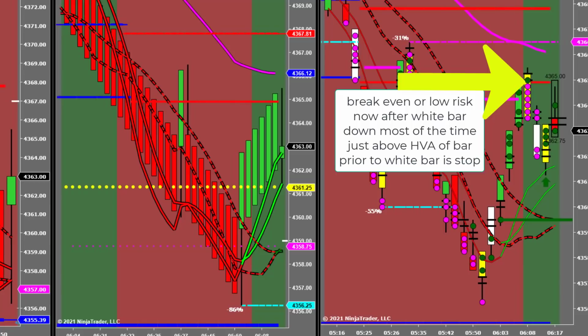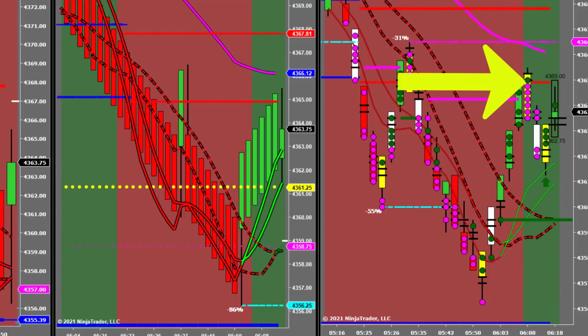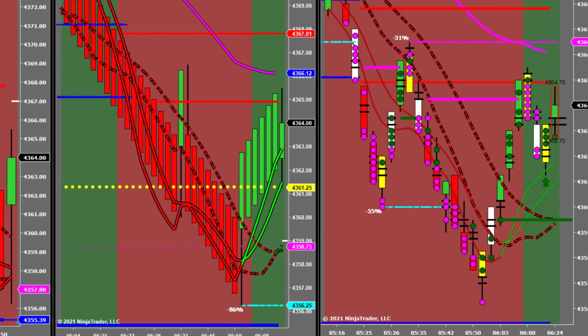But you'll see if we can't take out that 65 area, that resistance may potentially hold and push us down. We'll see. And again, hopefully, I know we're kind of going through this quick, but anytime you hit fibs and the triggers are not getting above it, we're not going to think about doing any type of long trade.